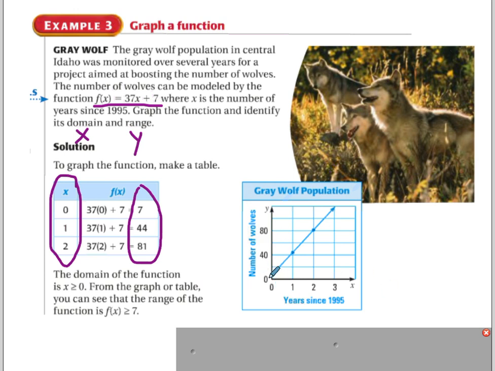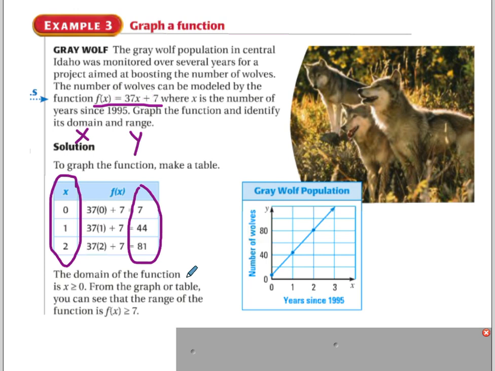Since the values are so small, I'm going to make my x-axis go one across, but my y-axis is going to go by 20s just to make it easier to graph, so I'm not having to make giant graphs. Then I'm just going to plot the points. My first point is 0, 7. Next point is 1, 44. My next point is 2, 81.